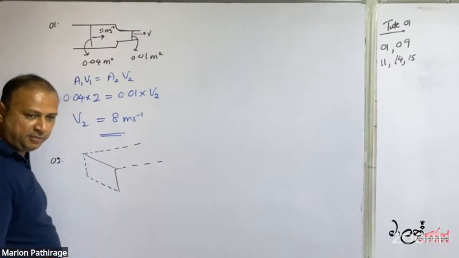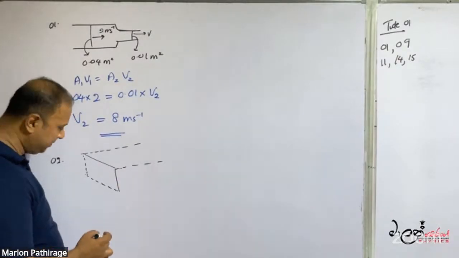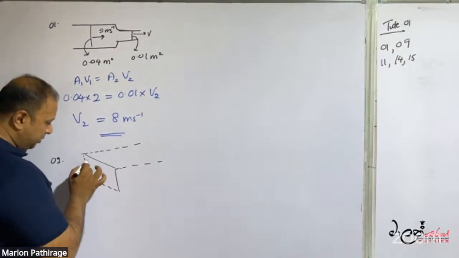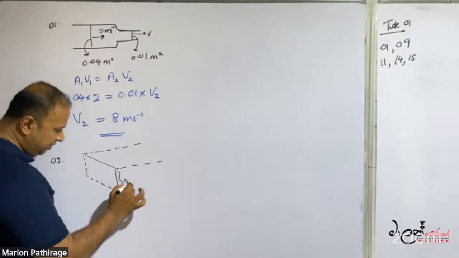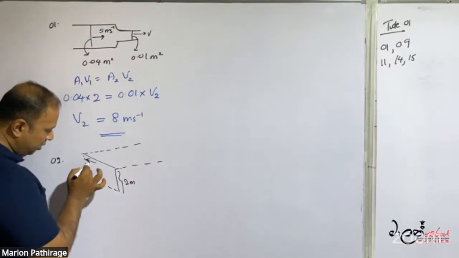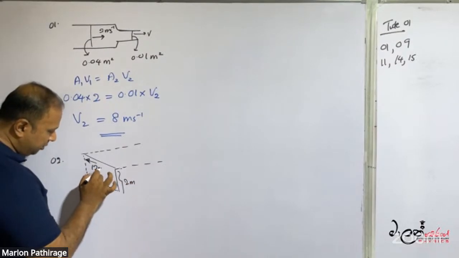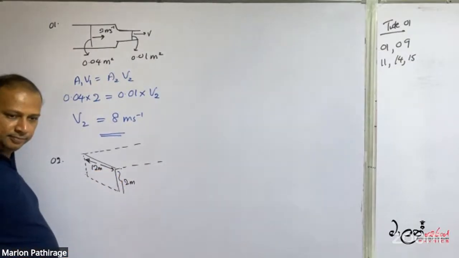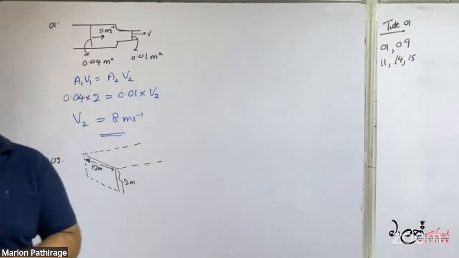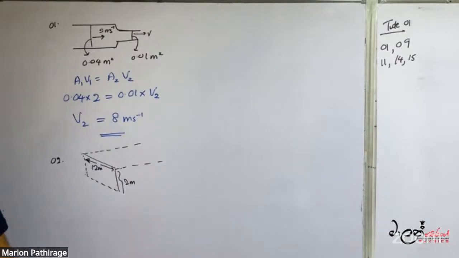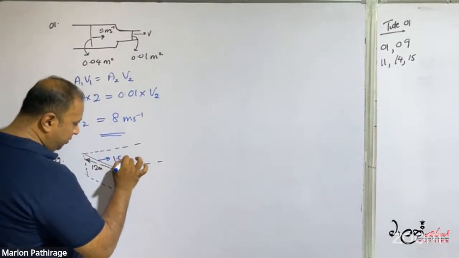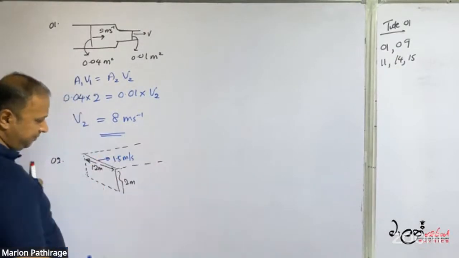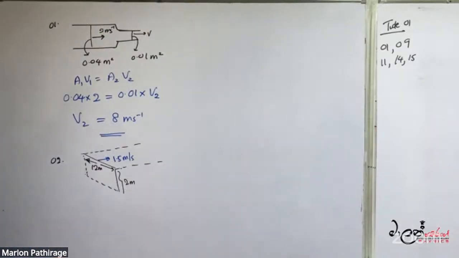Now this is a river cross section: depth is 2 meters and width is 12 meters. At this position, the speed of the river is 1.5 meters per second.